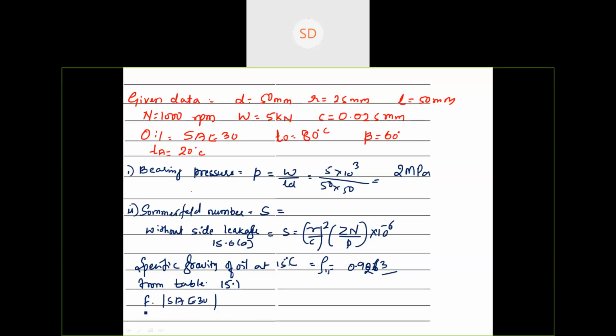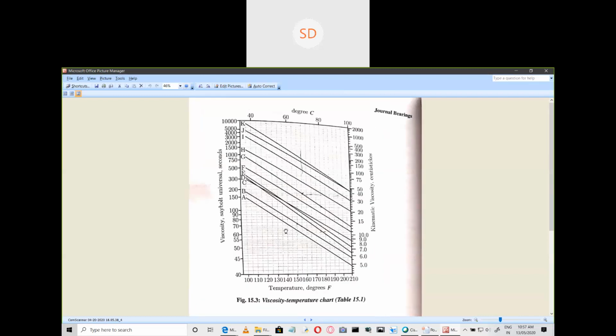Now refer to the figure to get the kinematic viscosity at operating temperature of 80 degrees Celsius. Right. So now the oil type is F. You need to refer to this curve here. Okay.